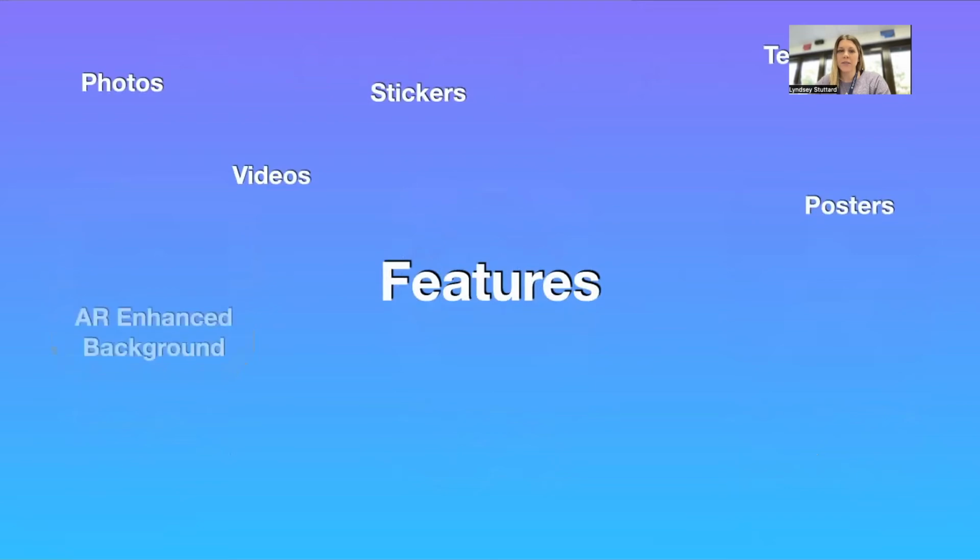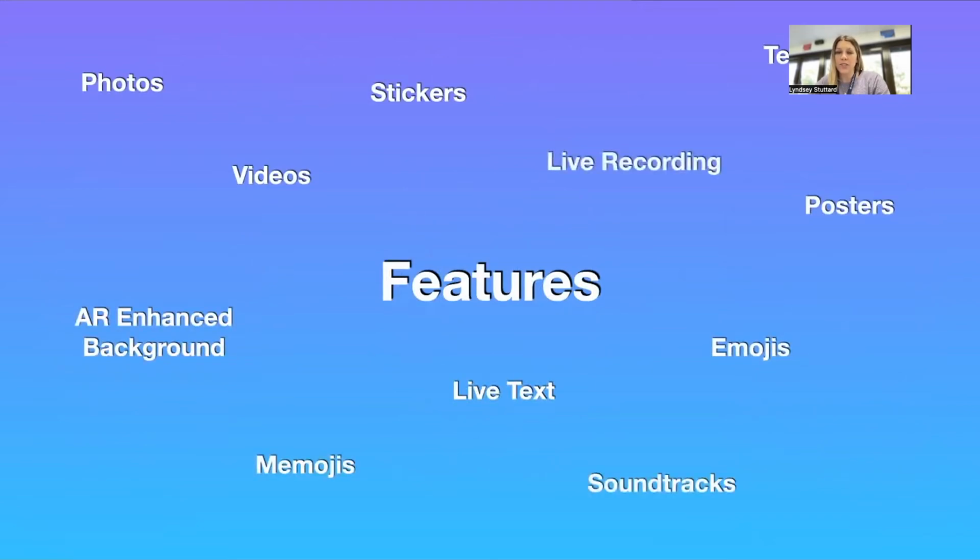So now let's take a look at some of Clips for iPad's specific features. You can bring in your own photos, you can bring in text, you can add stickers, bring in your own videos, make your own posters, add emojis, put live text in. You can do live recordings or live photographs in the app.